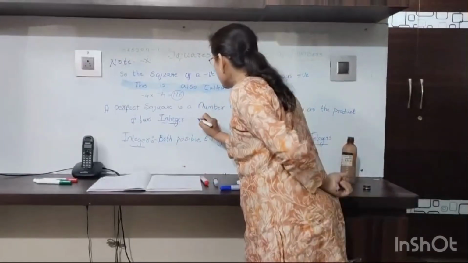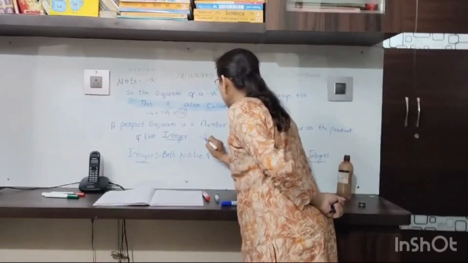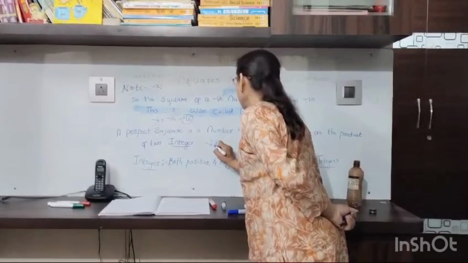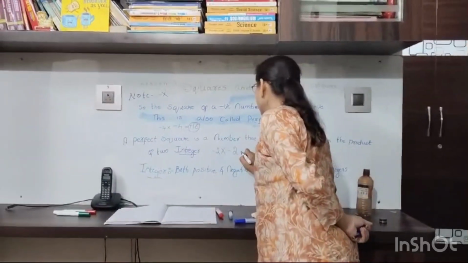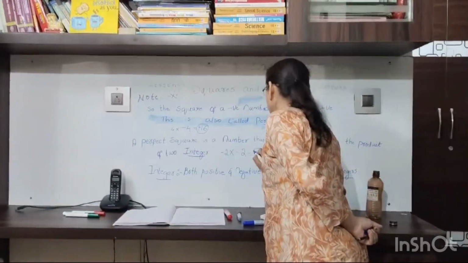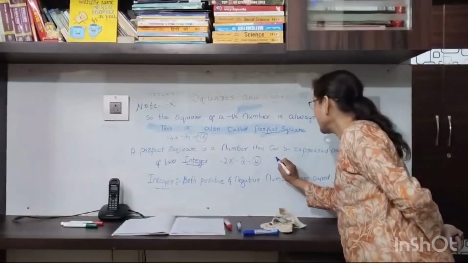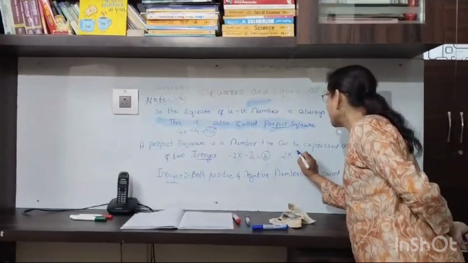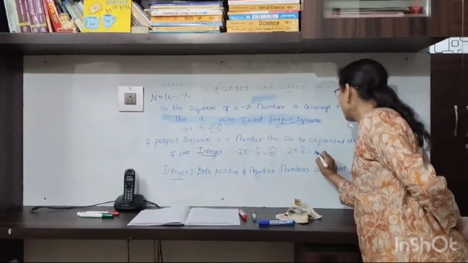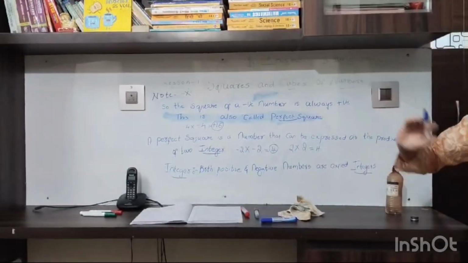So, minus 2 into minus 2 is equal to 4 is a perfect square. Similarly, 2 into 2 is equal to 4 is also a perfect square.